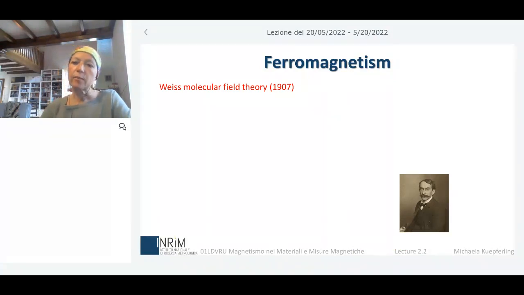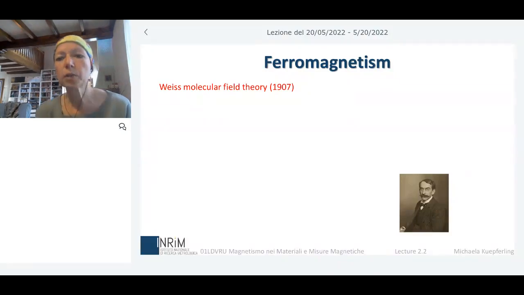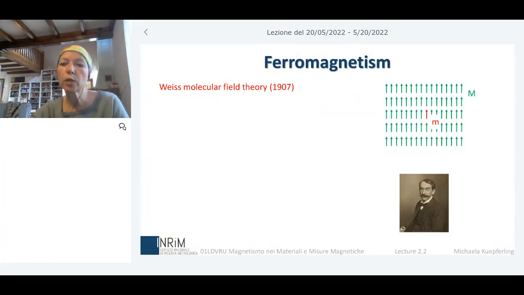So Weiss, after the theory of Langevin, tried to apply the Langevin theory to ferromagnetic materials. And he had this very great idea that a single magnetic moment, which exists in a ferromagnetic material as it exists in a paramagnet, will align with all the neighboring magnetic moments that are surrounding it.